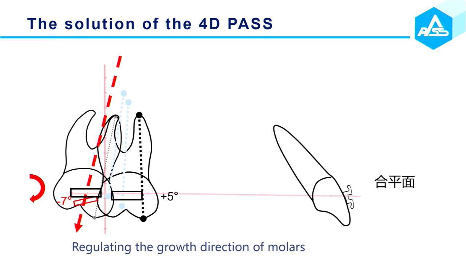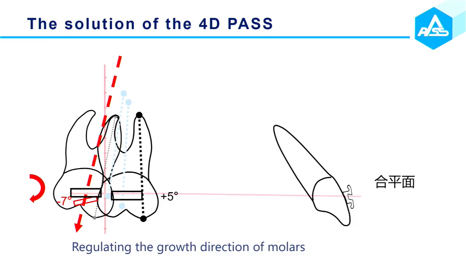For non-extraction cases, it means we push the molar backward. Then we can solve the mild crowding or mild protrusion case, right? And for extraction cases, it means anchorage preparation is already done, right? If you know the Tweed technique.